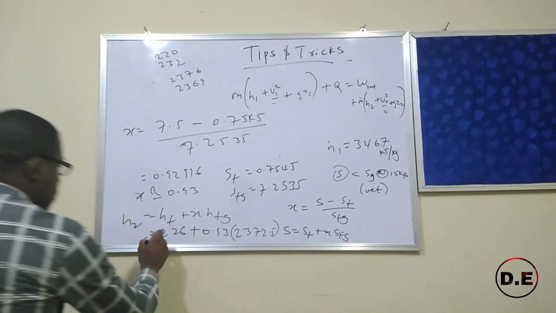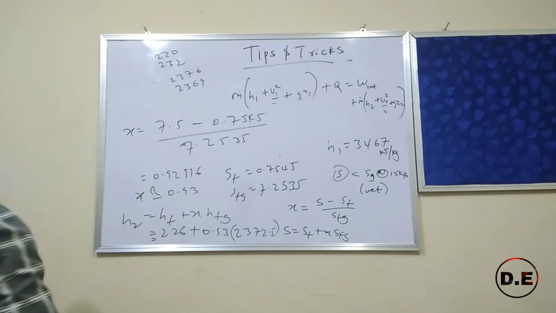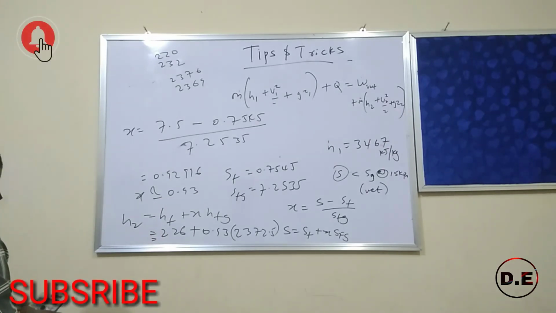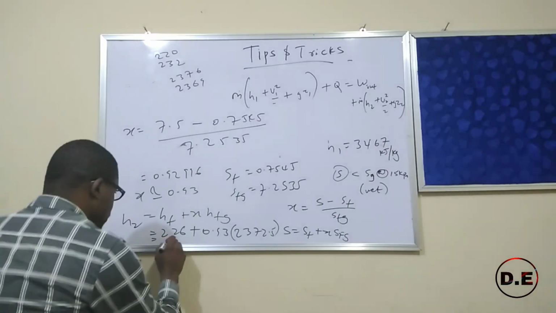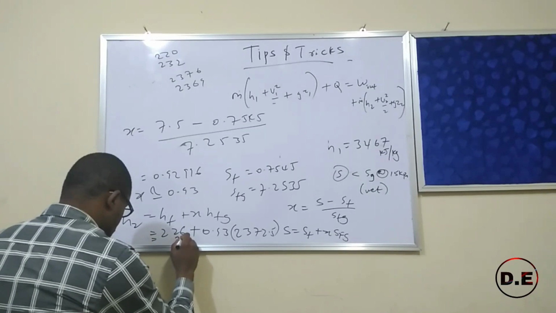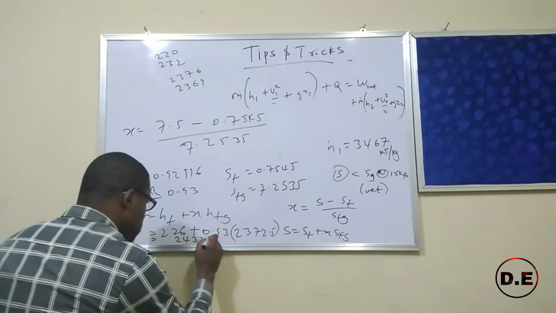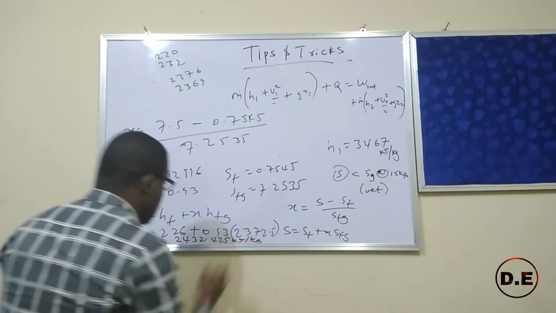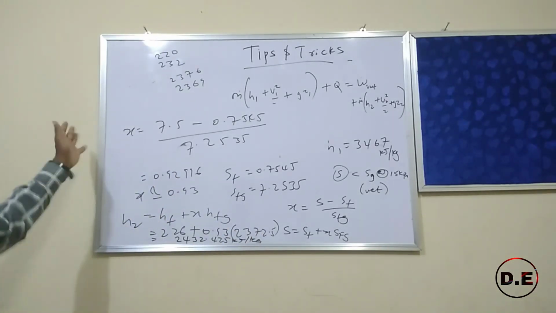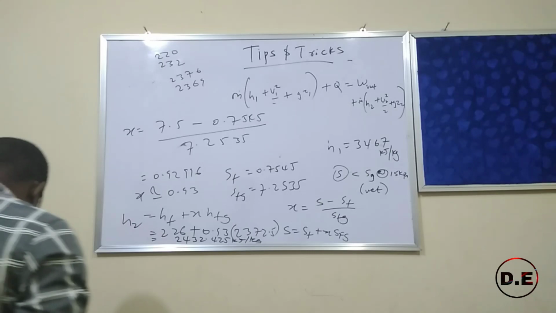So everything becomes our h2, which from the calculator is 2432.425 kilojoules per kilogram.